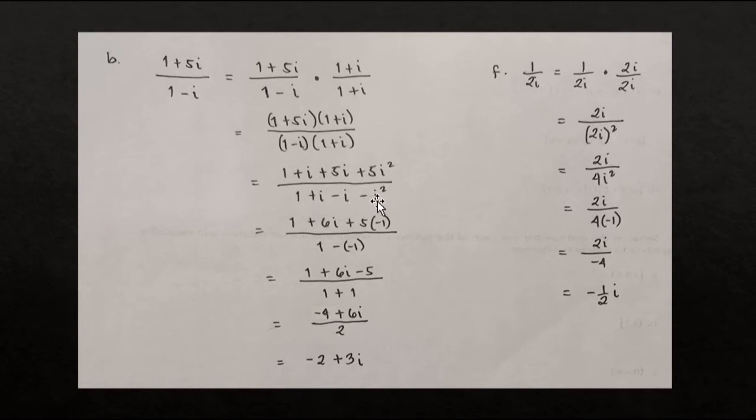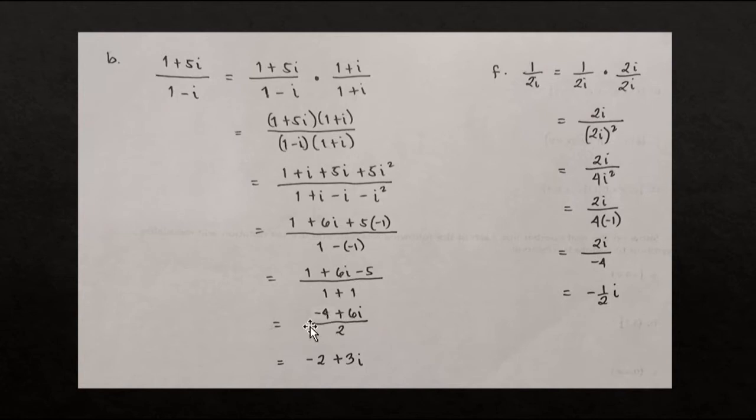So minus i squared, that is minus negative 1. So 1 plus 6i, 5 times negative 1, that is minus 5. 1 minus negative 1, that is 1 plus 1. So 1 plus 6i minus 5 is, combining like terms, 1 minus 5 is negative 4.